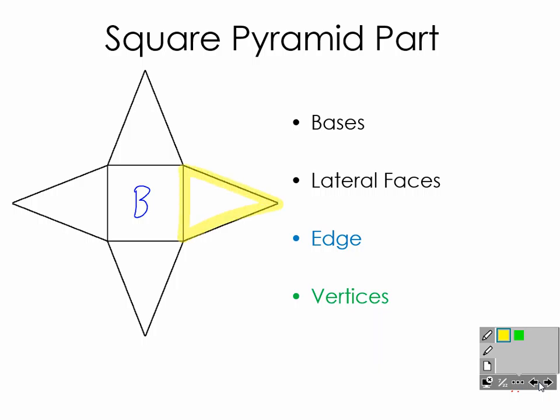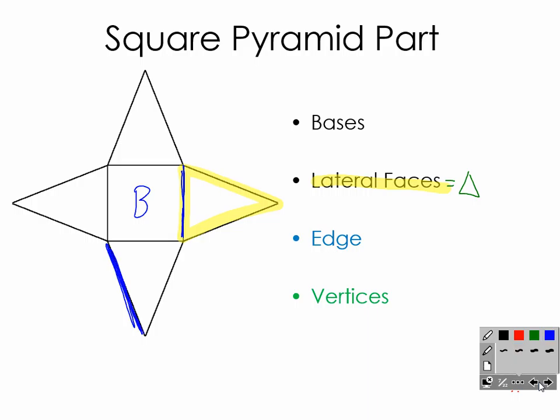They are the triangles. They're always triangles. For pyramids, your lateral faces will always be the triangles. And then your edge, remember, your edges are where the faces meet.